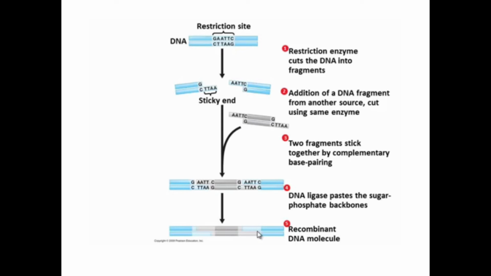As you can see it is G and C, and the gene of interest is also having the same sequence, that is AATTC, and the original blue DNA is also having the same sequence. So it is easy to ligate these two DNA molecules because their end sequences match with the original one, that is the blue one.